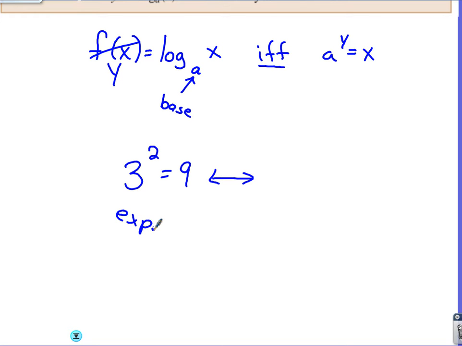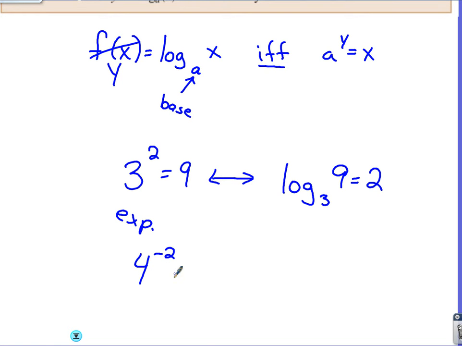In logarithmic form, this exact same equation can be written as log base 3 of 9 is equal to 2. A logarithm is simply taking an exponential equation and rewriting it. Log base 3 of 9 equals 2 is the same thing as 3 to the second power equals 9.